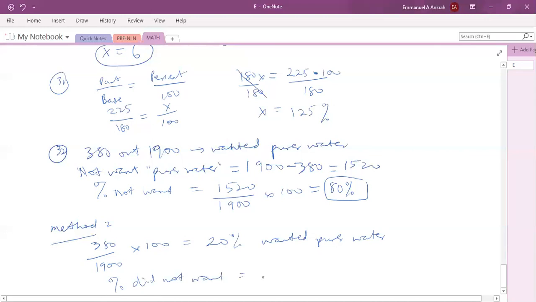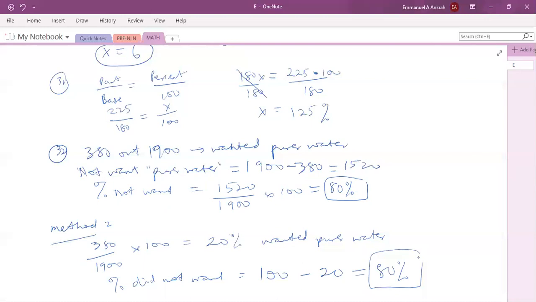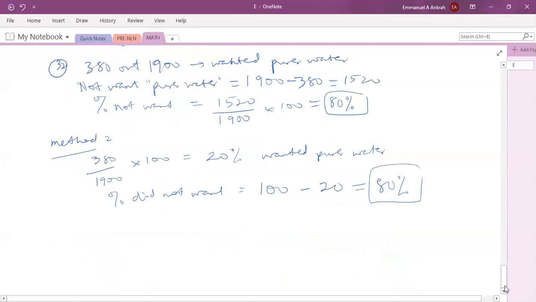When we work in percentage, 100% is the whole. So if you take this 20% out of 100, then you have 80% who did not want. We come up with the same answer. So two approaches. Either find the percentage first and subtract from 100, or subtract to find the number of people and then find the percentage that did not want. Two ways. Any question on this particular one?